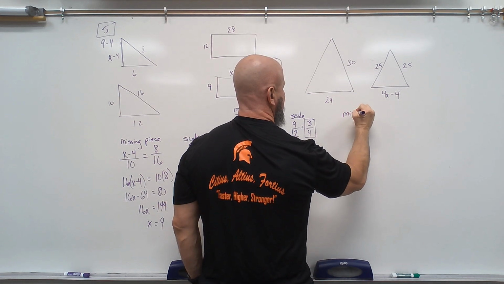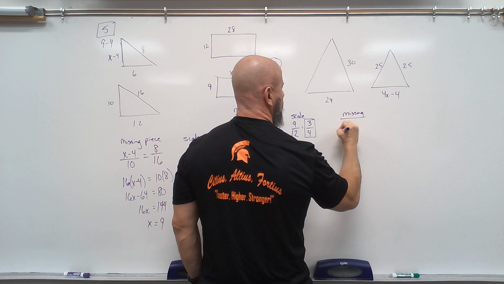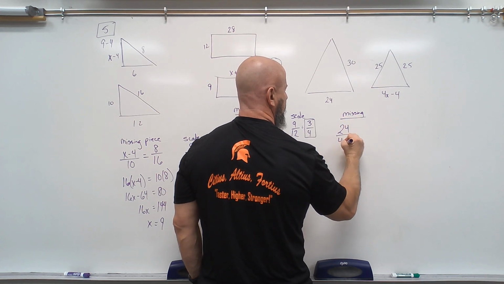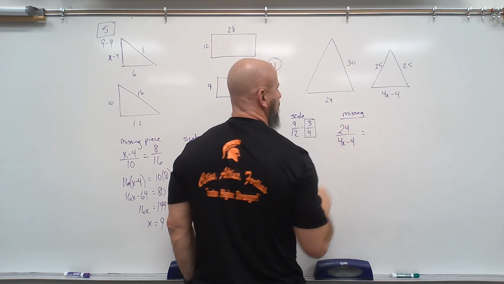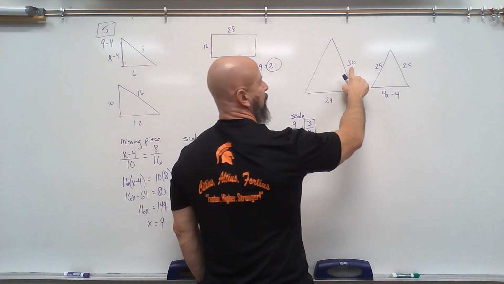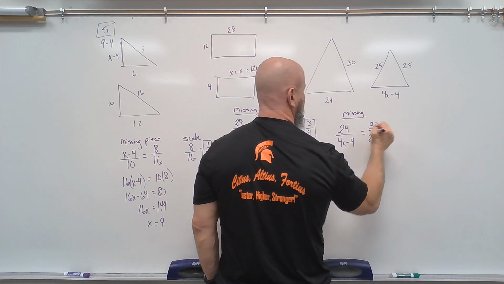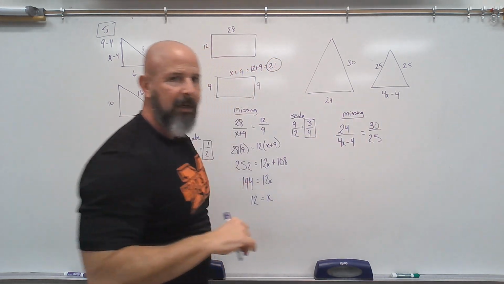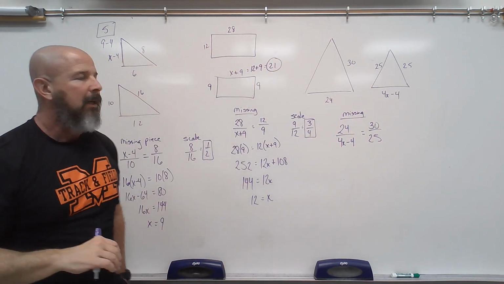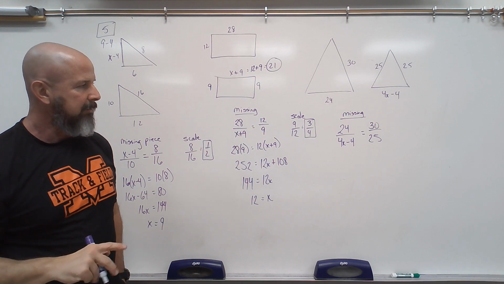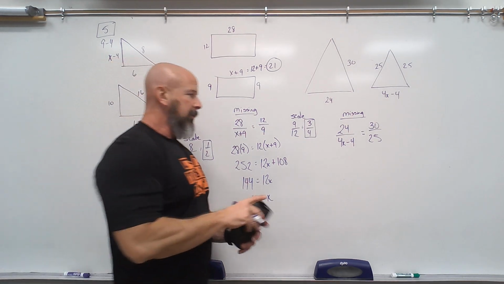So for my missing, I'm going to go 24 over 4x minus 4 equals 30 corresponds to that 25. Match up the sides. There are corresponding pieces of our similar figures.